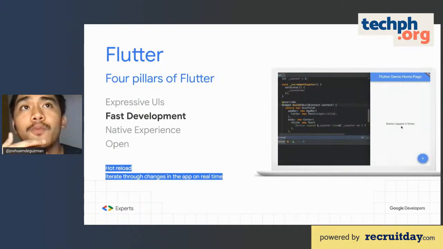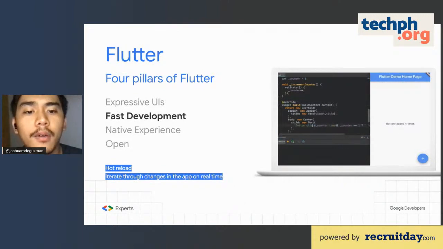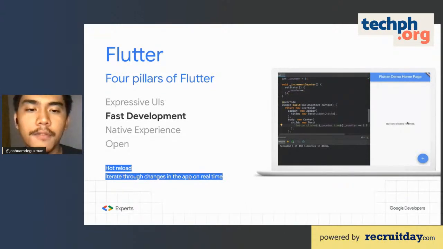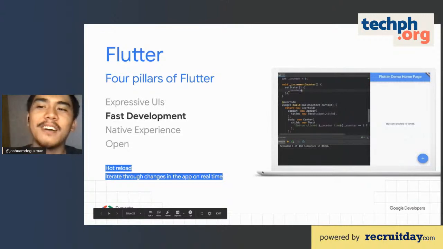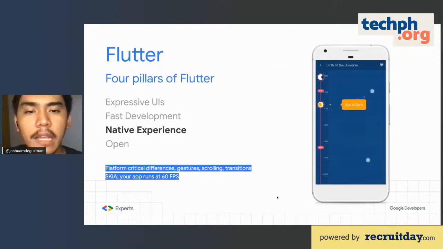Next, Flutter supports hot reload, which enables you to create applications at a much faster rate. Later we'll see the changes reflected in real time instead of waiting 2 to 3 minutes for it to load. And Flutter offers you a native experience.